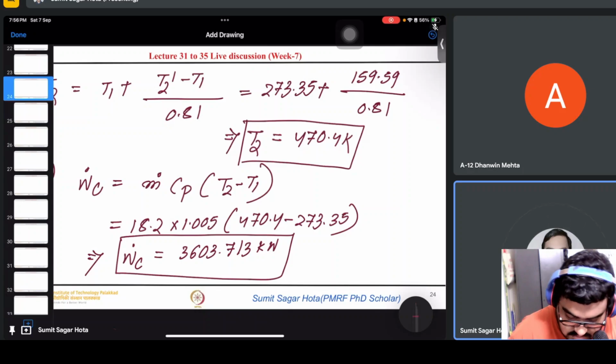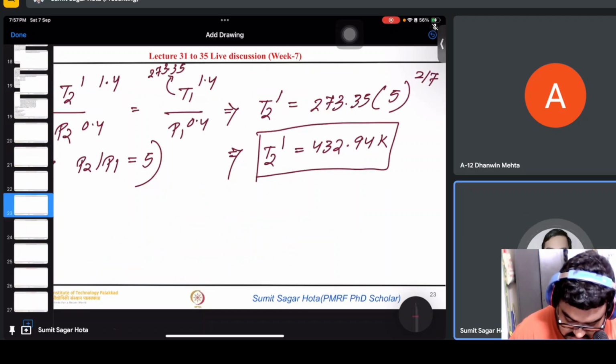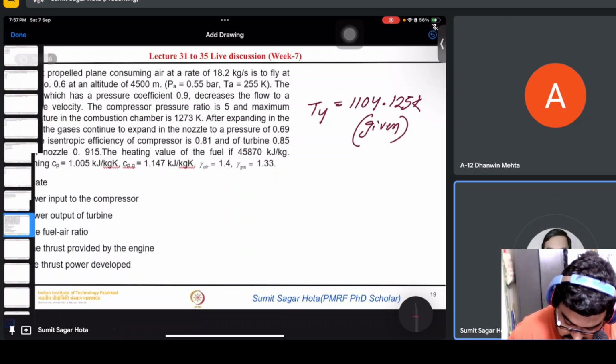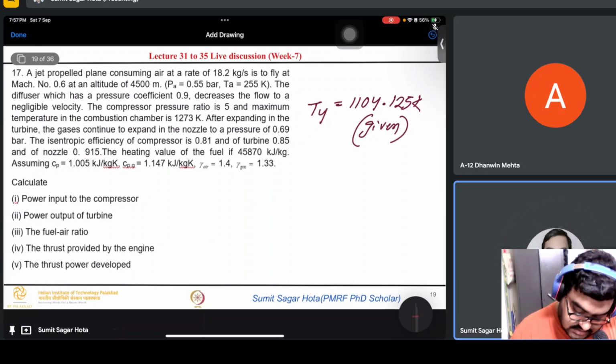If you see m dot a, we already find out. This is your m dot a. This is actually I think given in the question. Yes, 18.2 kg per second is in the question given.